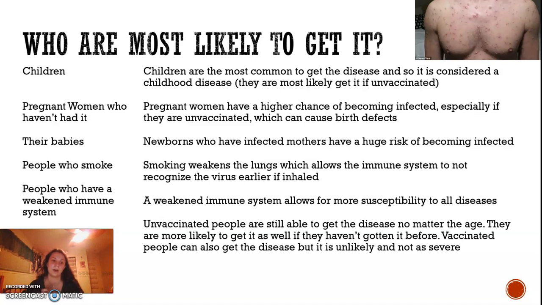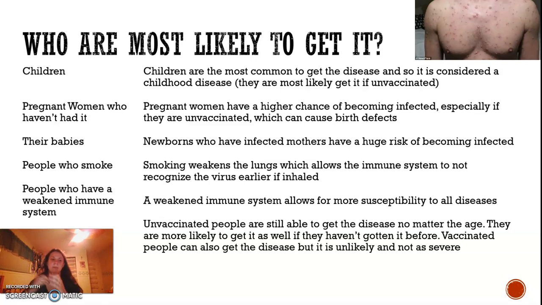Pregnant women who haven't had chickenpox before also have a higher chance of becoming infected because their immune system is kind of repressed while they're pregnant, especially if they are unvaccinated. Getting infected by chickenpox as a pregnant woman can actually cause some serious birth defects for the baby, and can affect the baby so much that it actually kills the fetus before it's born.